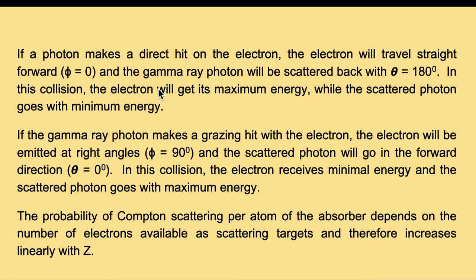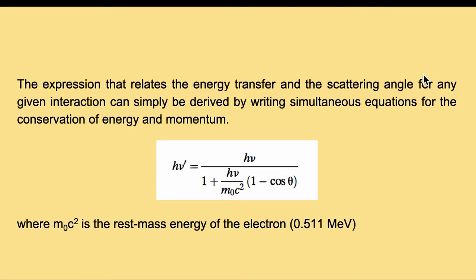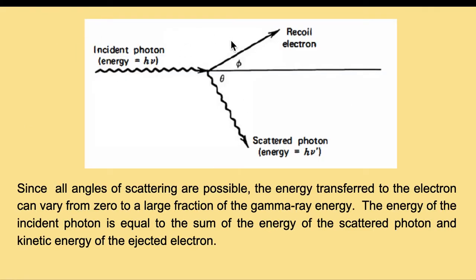And the gamma ray photon will be scattered back with θ equal to 180 degrees. In that case, it is hitting here and this is moving directly. So this will be hitting back.